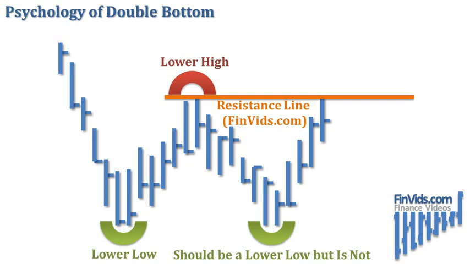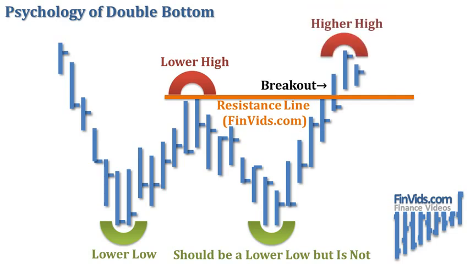Now, when prices reach the prior lower high and then break out above it, then the very definition of a downtrend, lower lows and lower highs, has been broken. Typically, after the pullback, this creates a higher high.